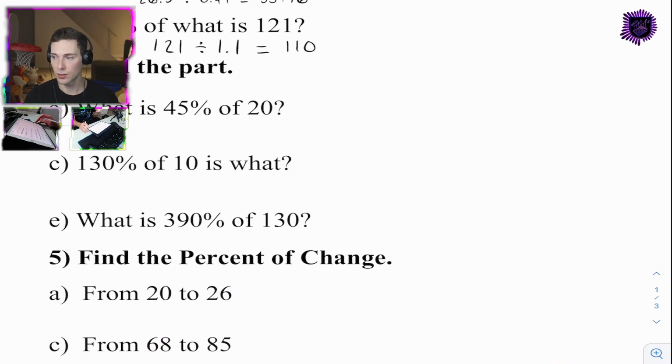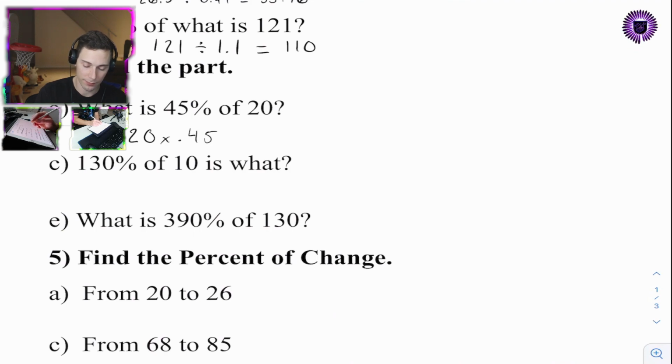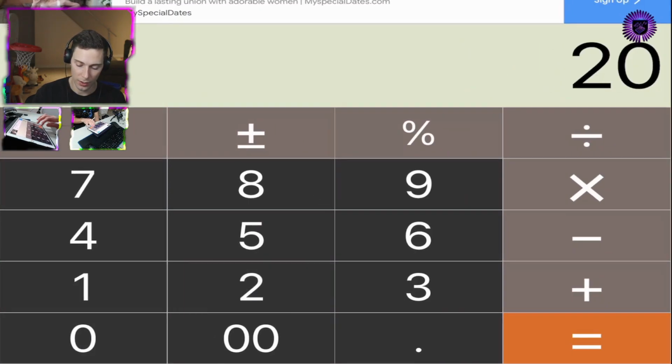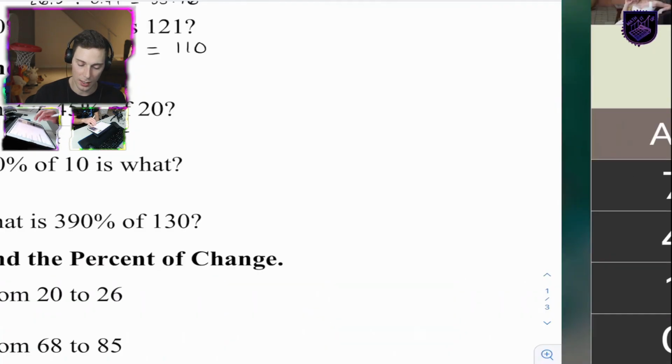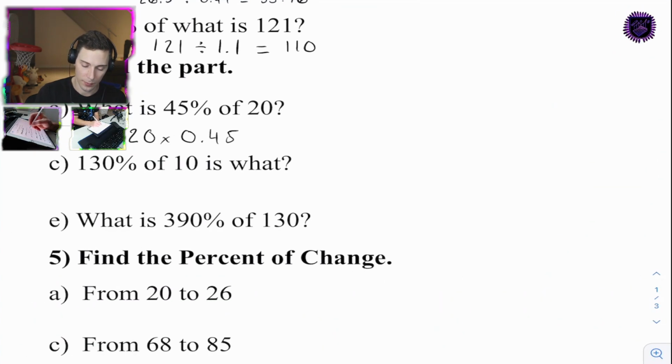So it's going to be 20 times 0.45. 20 times 0.45 equals 9. 9 is 45% of 20. I feel like I could have figured that out without the calculator.